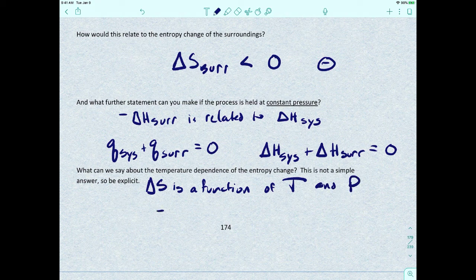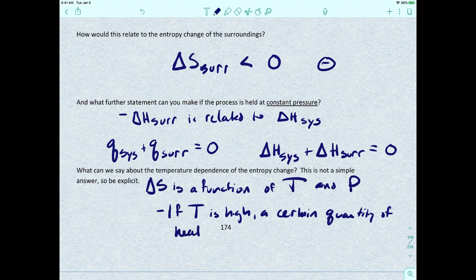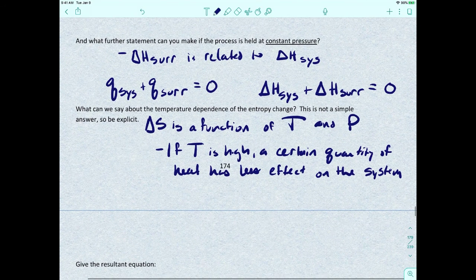Okay, so if the temperature is high, a certain quantity of heat has less effect on the system, and if temperature is low, then that means that the heat has more effect.